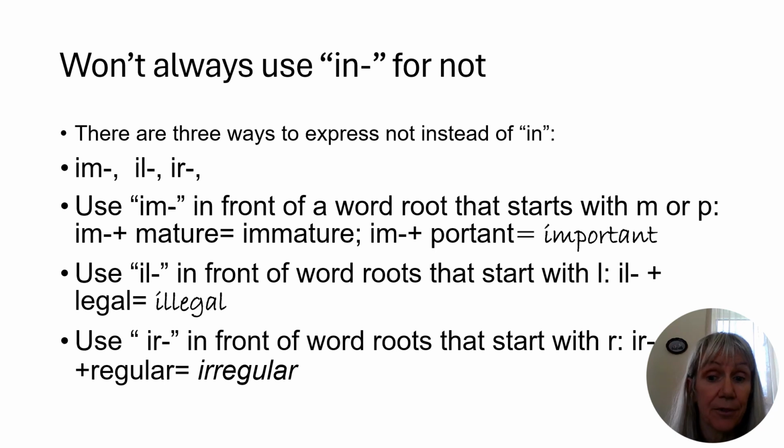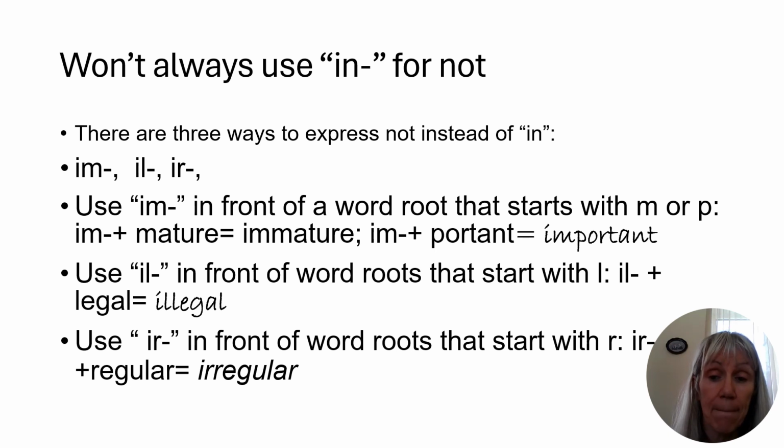As in irregular from the previous slide, we won't always use in for not. In is the most commonly used prefix to express not in front of a word root. But there are 3 ways to express it instead of in.